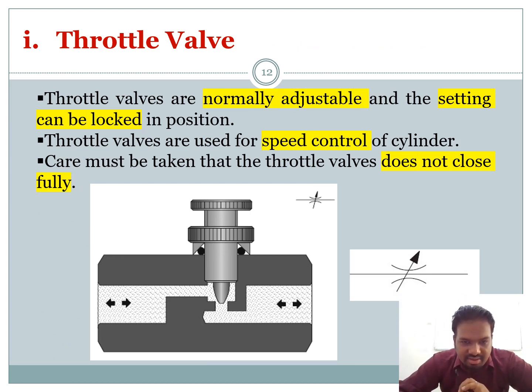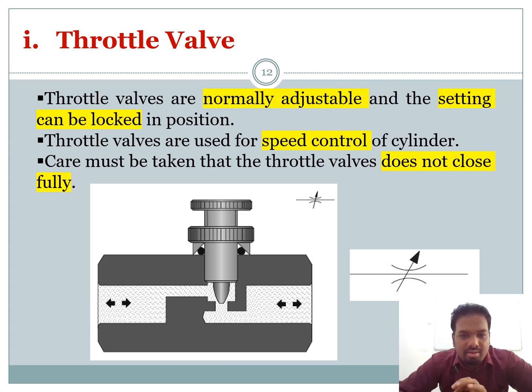So you can see the figure here. You can just twist, and you can set how much flow you want to allow. If you open more, it will go up, so more flow will be allowed. If you twist, it will come down and the flow will be limited.